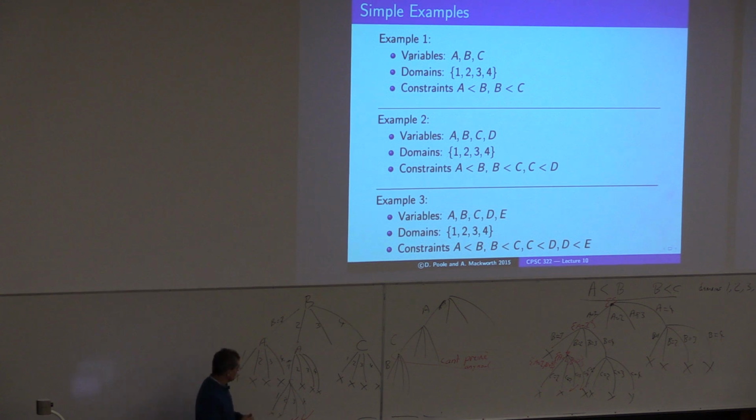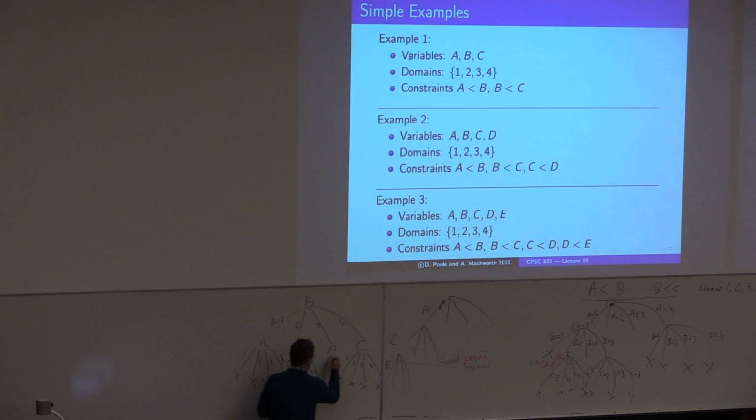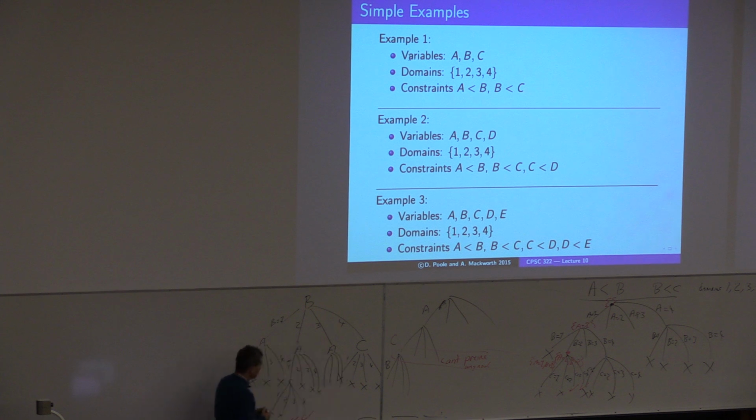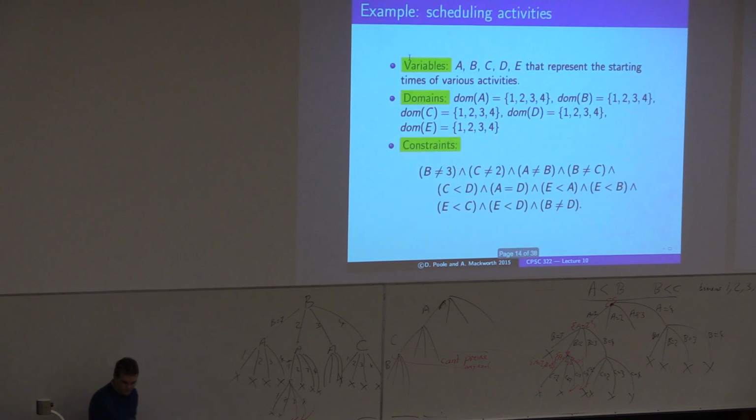One of the problems that occurs here is that the relationship between B and C keeps getting rediscovered multiple times. So if we split here on A again, we're going to prune C as 1 again because of B is 2 and B is 3. We're going to keep pruning them in different parts of the search tree. So what we'd like to do is get an algorithm that can do better than that.